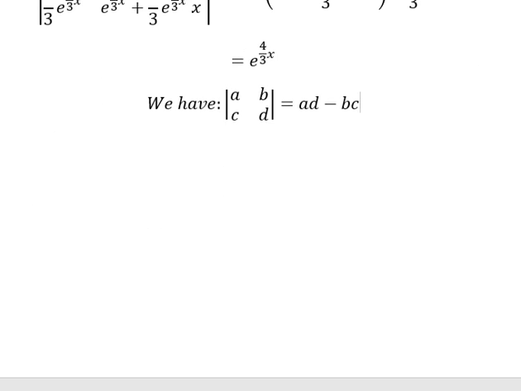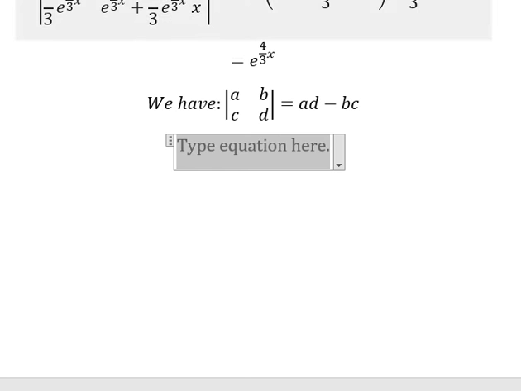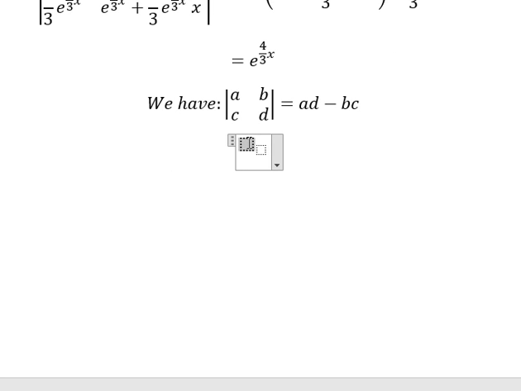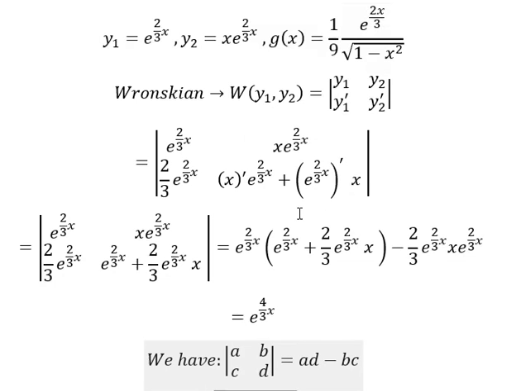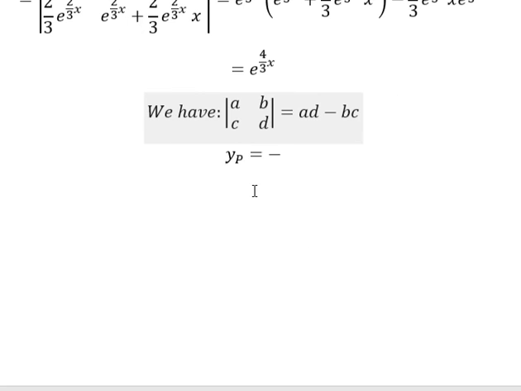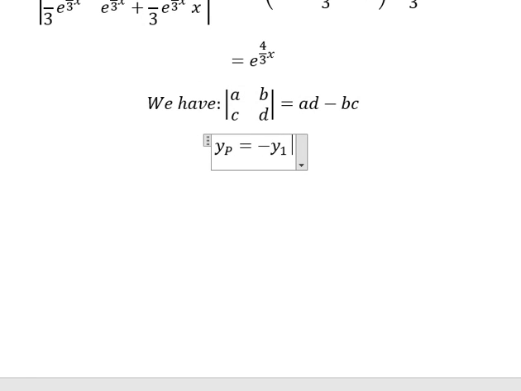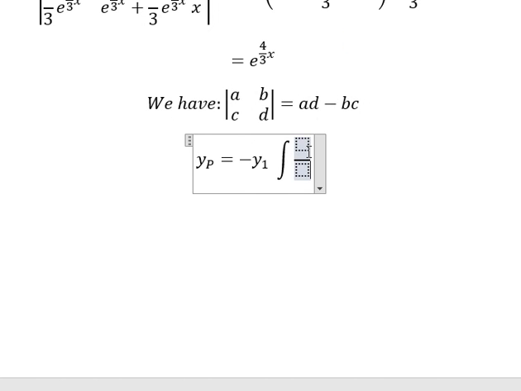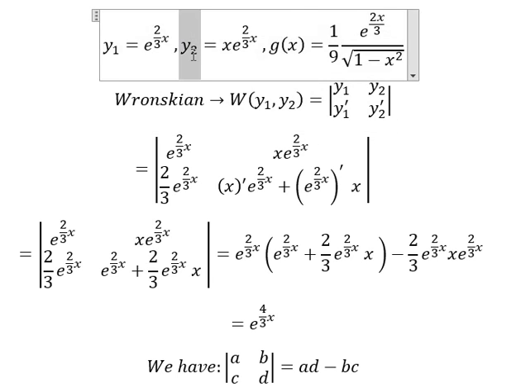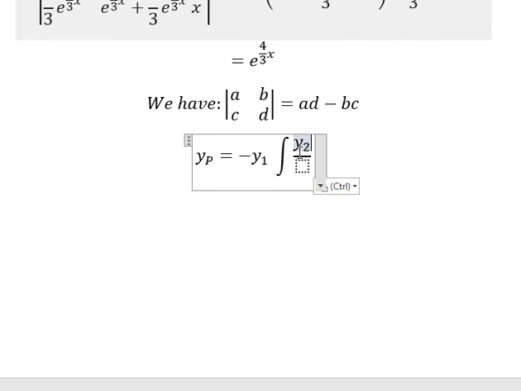And now we apply the formula of the particular solution. So we have yb equals negative y1 multiplied by the integration of y2 and we have 3s.